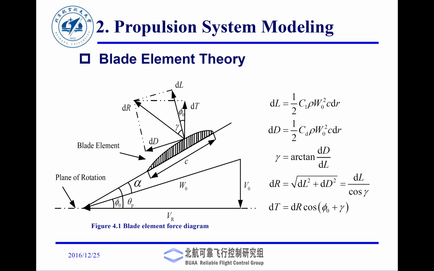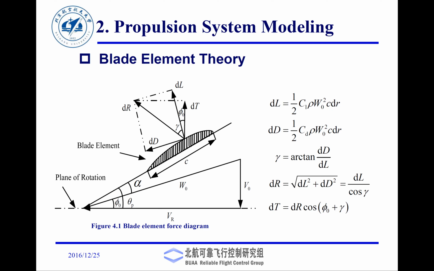Now, if you look at the pitch angle, there will be some angle of attack, but the aircraft is going to pitch. So the total angle is going to be the angle of attack alpha plus theta p, which is the pitch angle. Even though I said that the lift is perpendicular and drag is parallel, because of the shape of the airfoil it's never perpendicular and parallel, because it's not a flat plate.